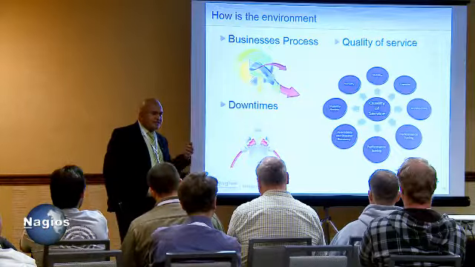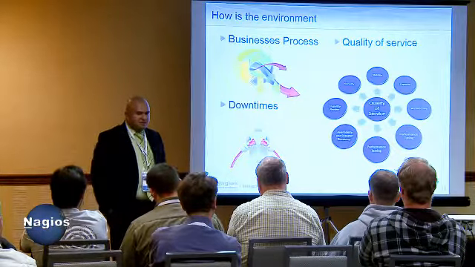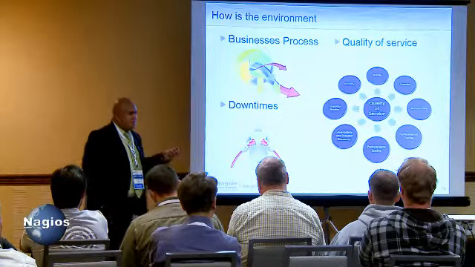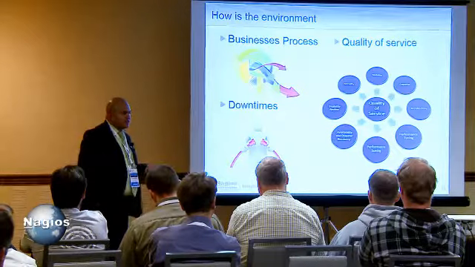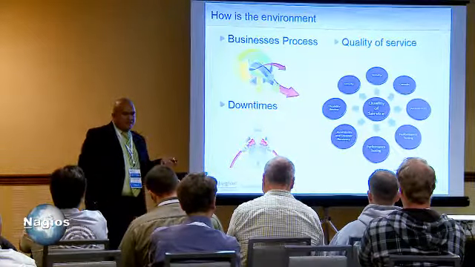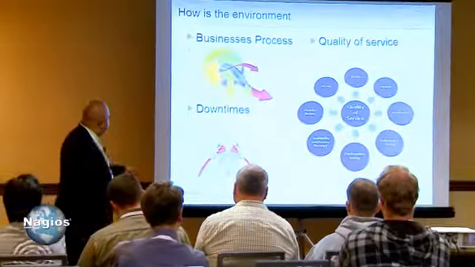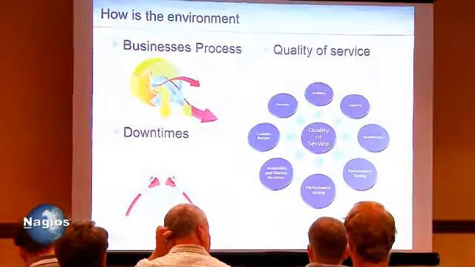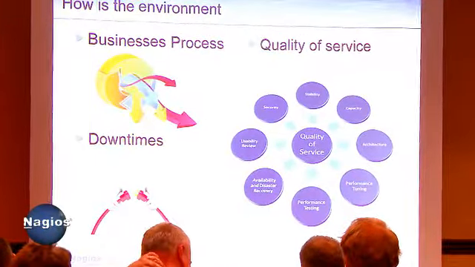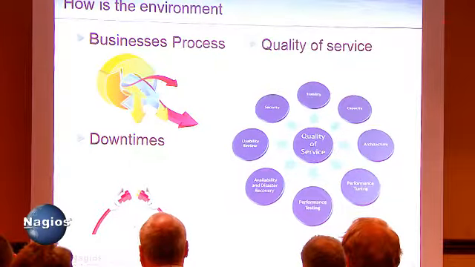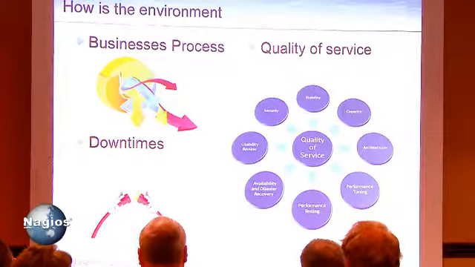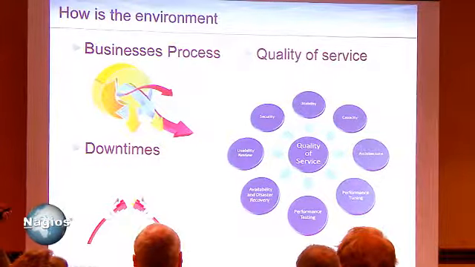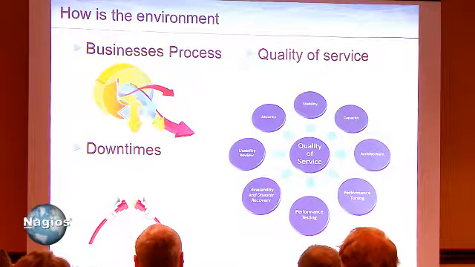How many people are affected by these issues in a bank? A lot of customers can't use any credit card or debit card. This is a problem because we have downtimes, we don't have quality of service, and the business process can collapse.